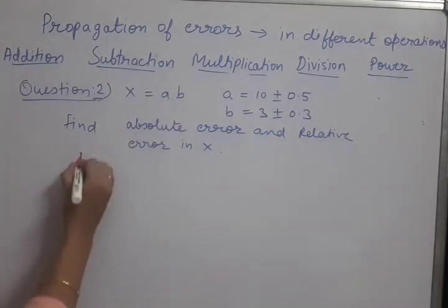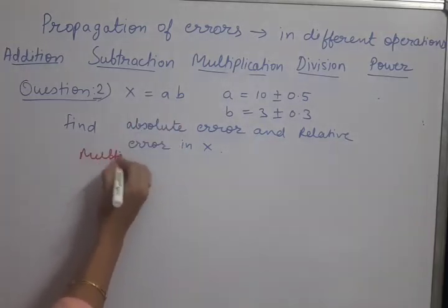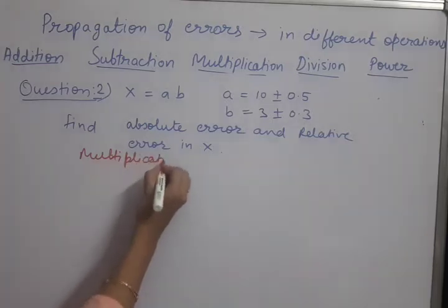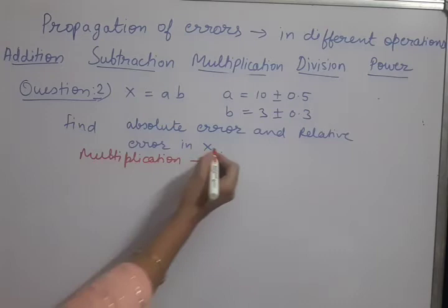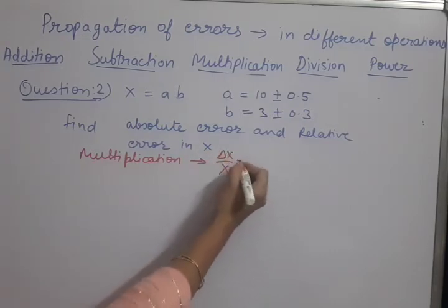See, the operation is multiplication, and in multiplication, what is the error formula? So, error formula is relative error formula.